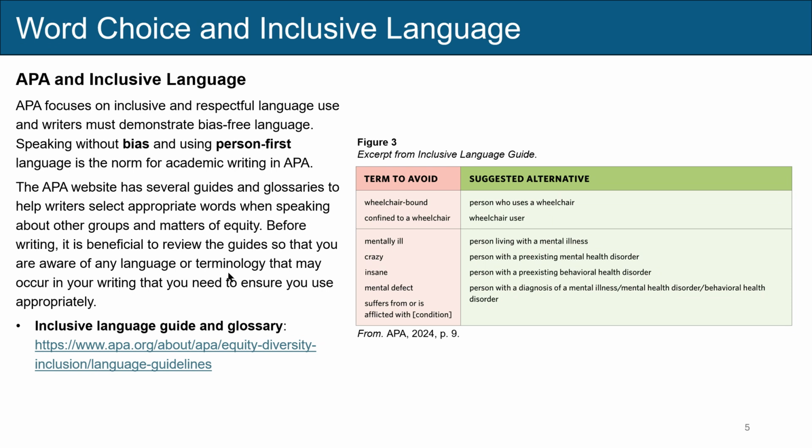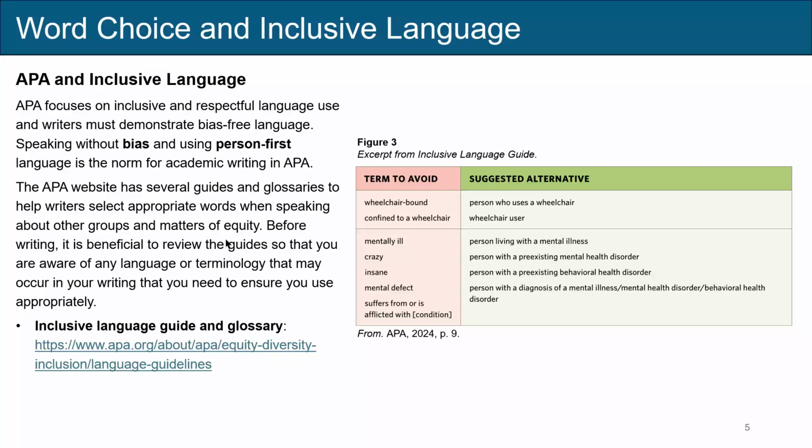And on the Moodle, under this module, you are required to download and go through the inclusive language guide that APA has developed for writers to make sure that when you are writing about others, whether it's about people with exceptionalities or people of different cultures or different beliefs, you're making sure you're using appropriate language that doesn't have those negative connotations.